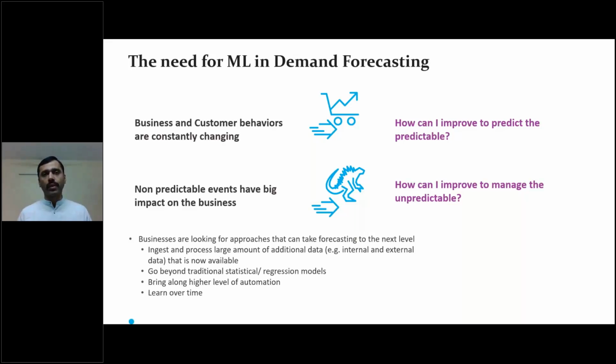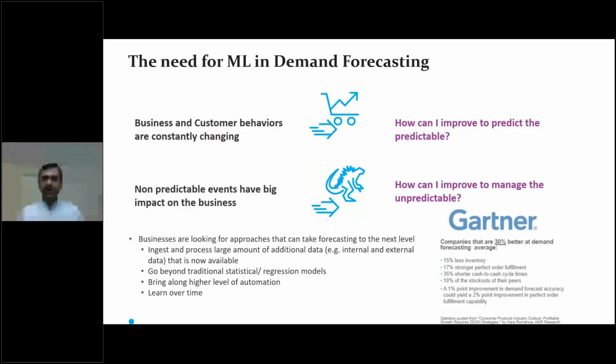Use the technology, use algorithms to help us out, and also learn over a period of time, like how a planner, how a user would learn. Can my system, can this algorithm itself learn over a period of time? We all understand, being practitioners in this space, experts, solution providers, consultants, the importance of improving the forecast accuracy. That kind of results in lower inventory, better fulfillment levels, and many other improvements, right?